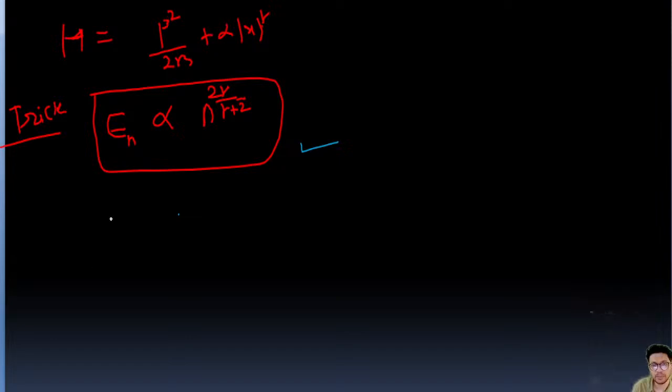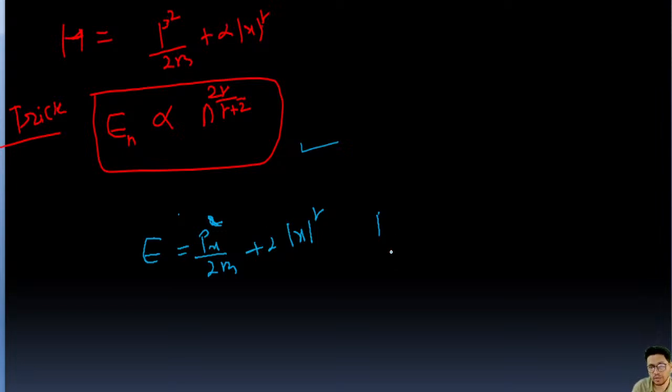We have been given E equal to p square upon 2m plus alpha into x to the power r. For this we will put p_x equal to 0 and find the boundary.